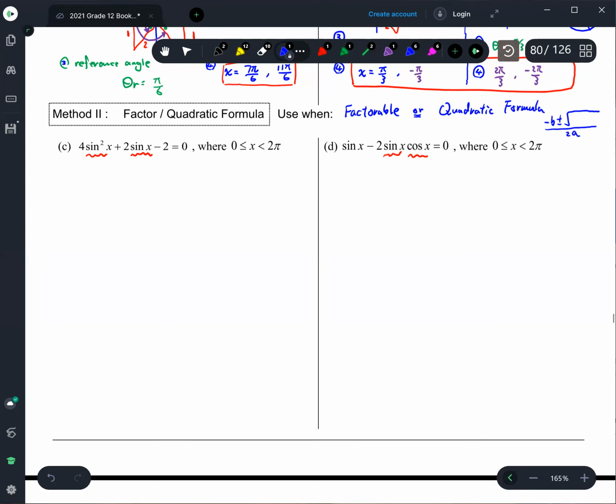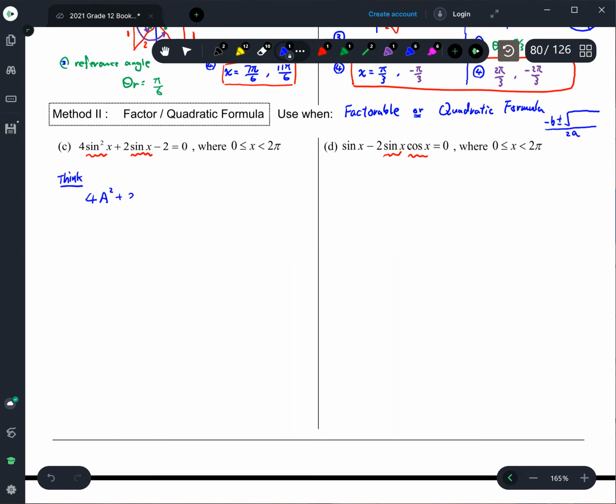Okay, so let's look at question C. Question C, right? We already mentioned that you cannot isolate, okay? So what you can think right now is, pretend our variable, sin x, is a single letter, right? So for a, let's say sin x is a, squared, right?